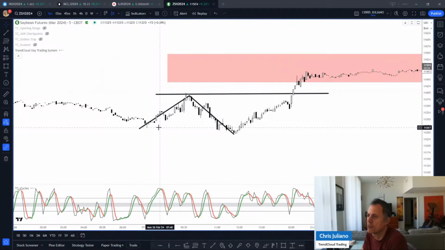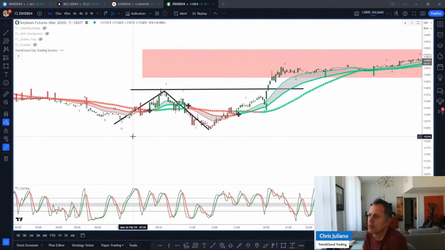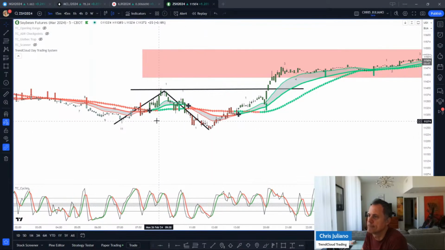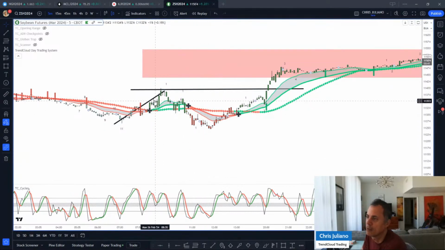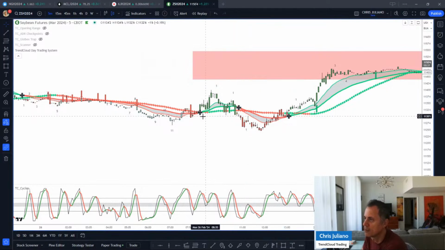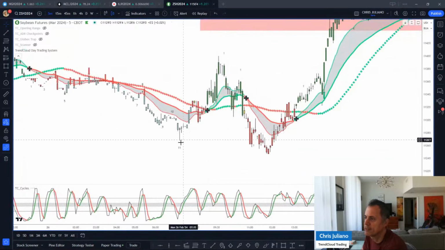Pretty much the same thing, right? 5-minute, same thing. Crossover. Okay. Here's where we got the crossover right here. So you see how on the 5-minute, it's a little more defined.